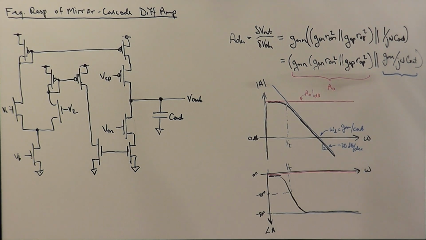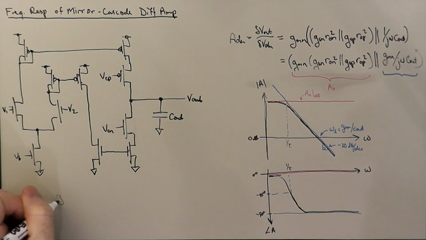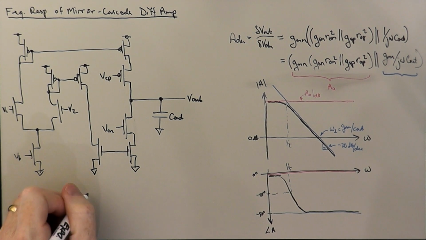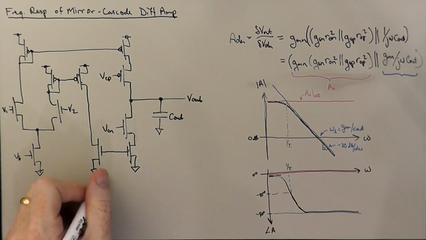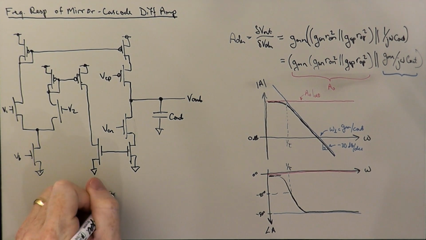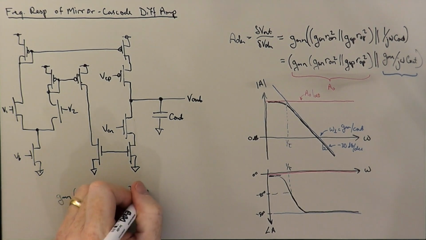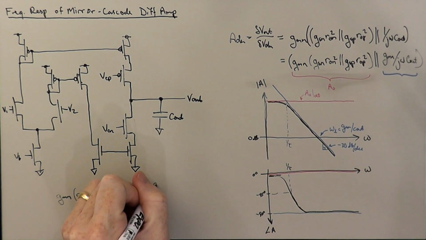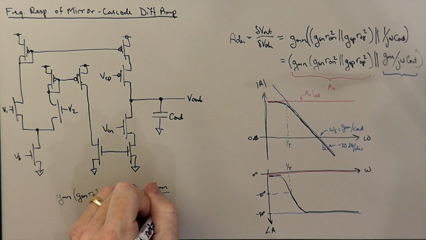So if we set the magnitudes of these two things equal to each other, so the magnitudes here are GMN, GSN RON squared parallel GSP ROP squared, equal to the magnitude of this one, which is GMN over omega C out.